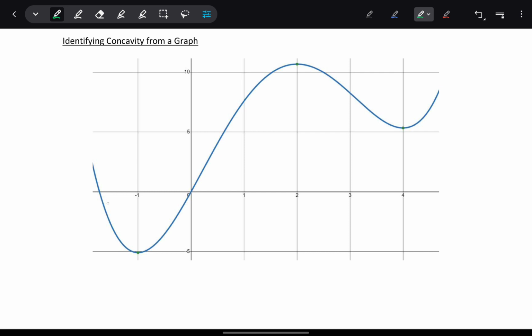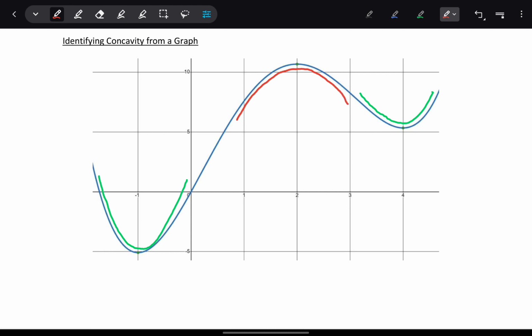And if we just glance at the same graph that we had before, we can see that in some portions of this graph, our curve follows a cup or a bowl shape. And in other sections, a graph could follow an upside down cup or upside down bowl shape.